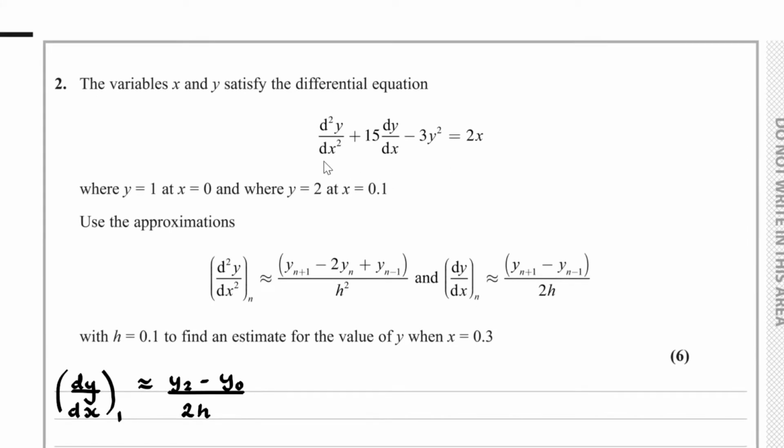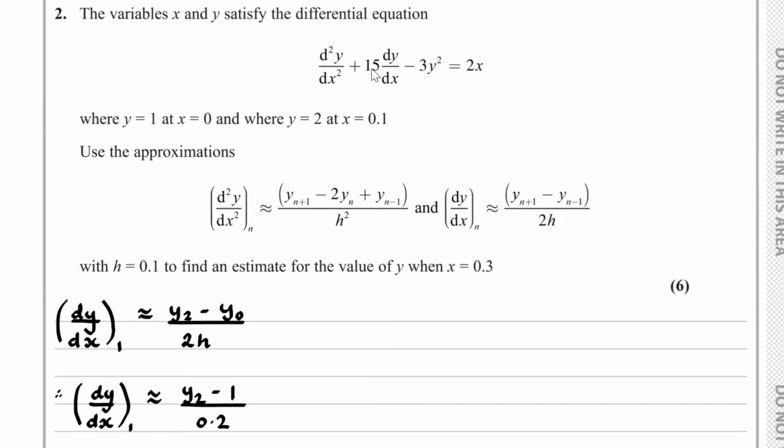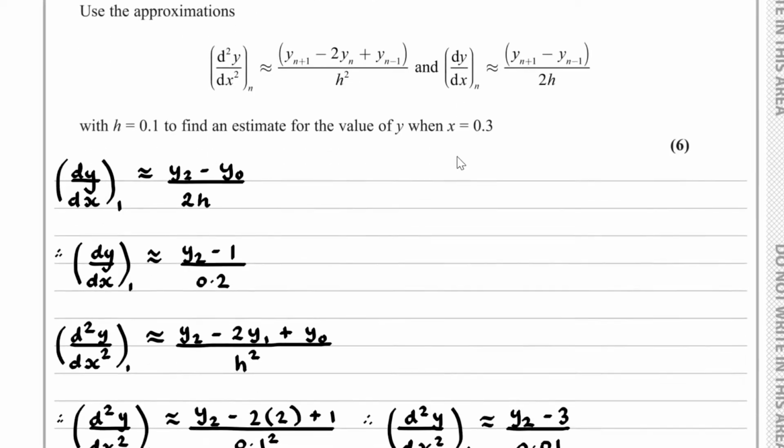What we can now do is substitute those into this differential equation.